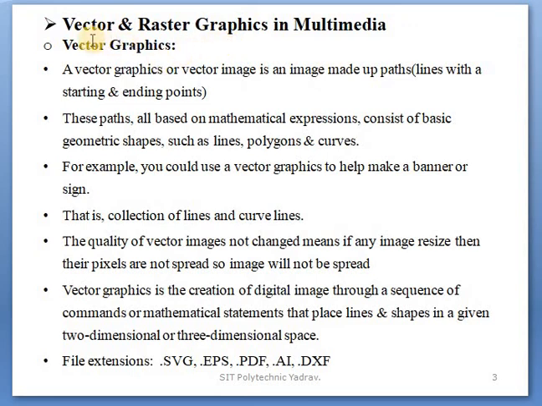Vector graphics means vector images, images that are created with paths. That path has a starting and ending point. Next point, these paths are all based on mathematical expressions and consist of basic geometric shapes such as lines, polygons and curves.